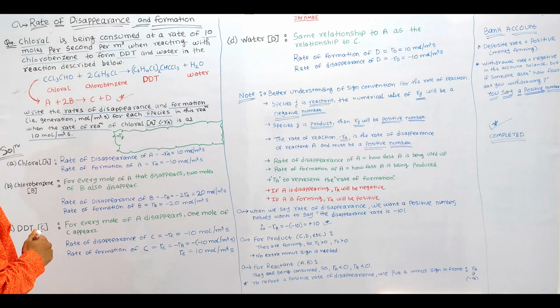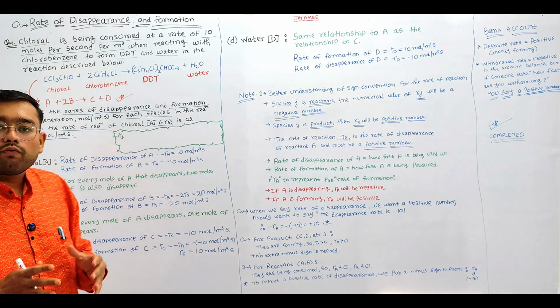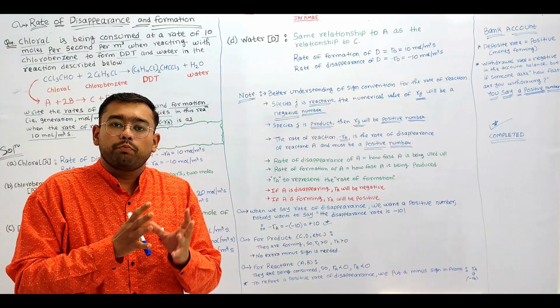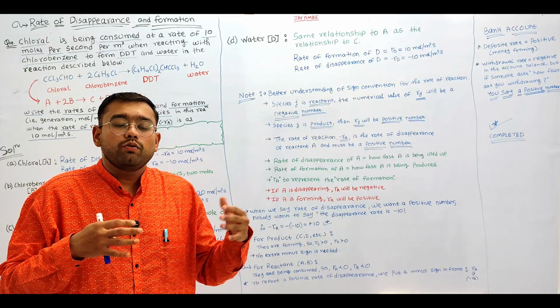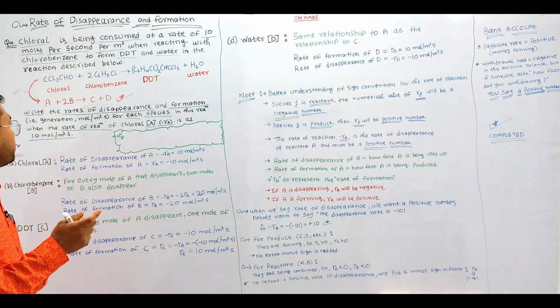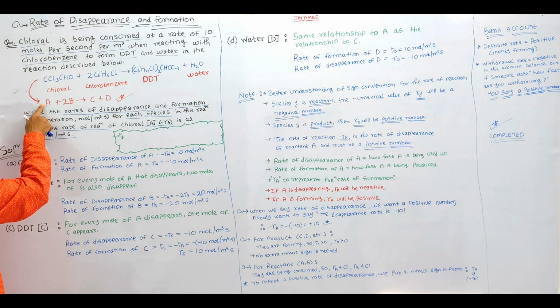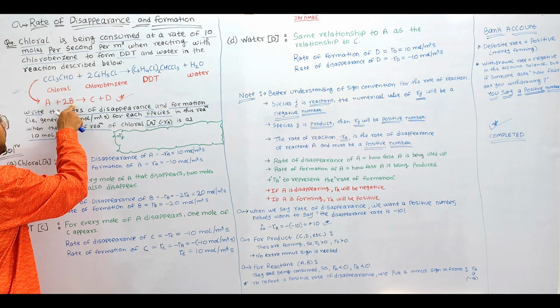Okay, so let's say here they have also mentioned that 10 moles of reactant A will get consumed, will react with B and will get converted into C and D. So as per the stoichiometry, we can see here, every 1 mole of A will react with every 2 moles of B, right?